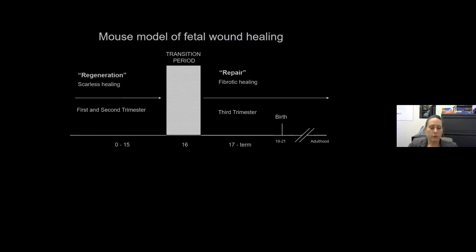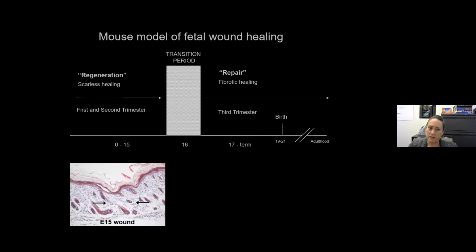So if you wound the skin at embryonic day 15, which is within this window of regenerative healing, and wait 7 days for that wound to heal, you have what looks like normal skin. So you see hair follicles here that have regenerated and no signs of scarring. If you wound just a few days later, beyond that transition period, the wounds will heal with typical scar formation.